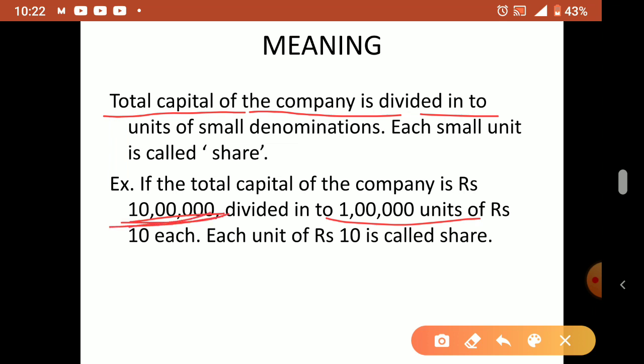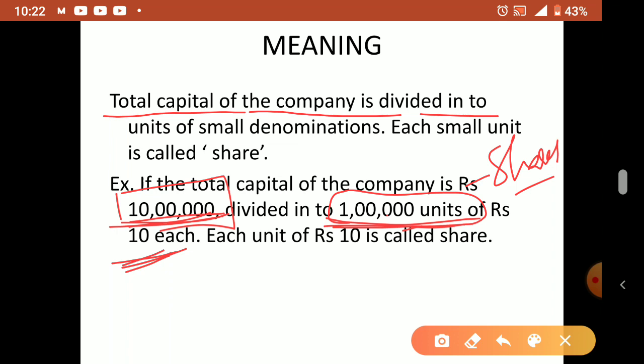Now this 10 lakh rupees is divided into 1 lakh units. You can say this is the number of shares: 1 lakh shares of rupees 10 each. So 1 lakh shares, one share will be how much? 10. So 1 lakh into 10 will be 10 lakh.